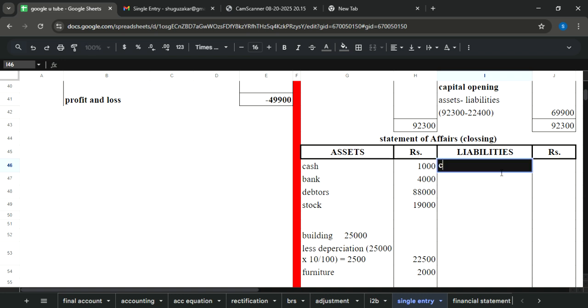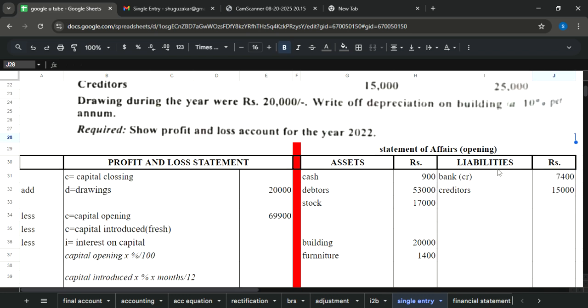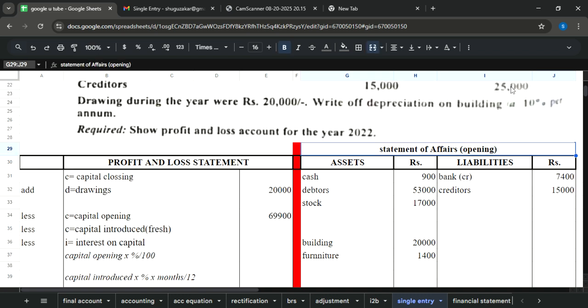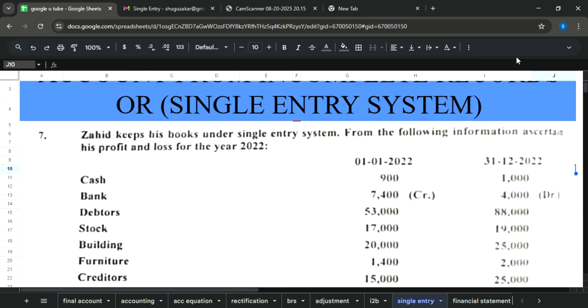Come over here and write down creditors. Amount of creditors, look here, is 25,000. Since we are related to closing, 25,000 has been written in front of the closing liability side. So guys, you have seen two adjustments completed. All values present in the closing statement are also completed.